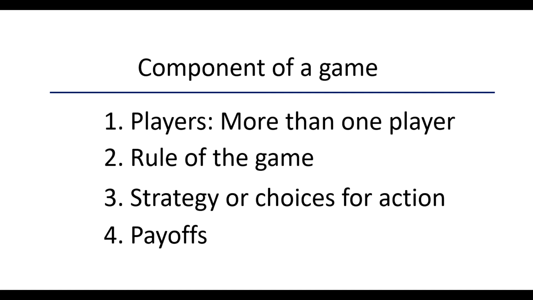The rules of the game govern who can do something and who can't do another thing. The strategy is the choices for action, so you can choose to do this and cannot choose that. Payoffs mean the results of the game that you will gain or lose.